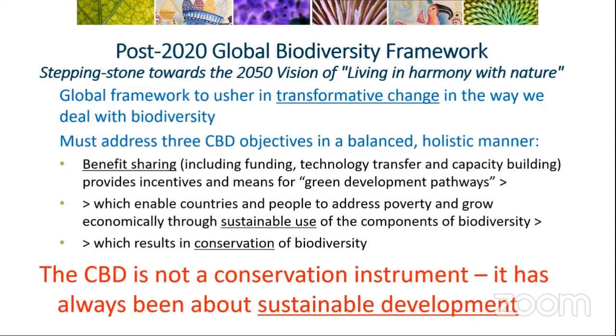And that will then result in conservation. And so it's very important that the benefit sharing part of the CBD is honored and carried out, because that's key to the sustainability of not only biodiversity, but also of development that doesn't harm biodiversity.